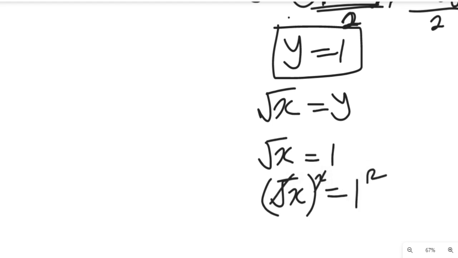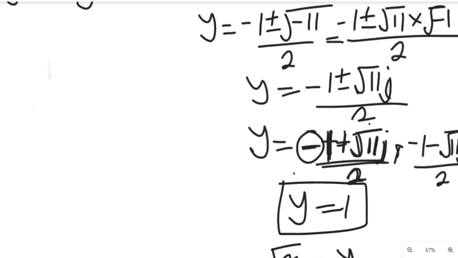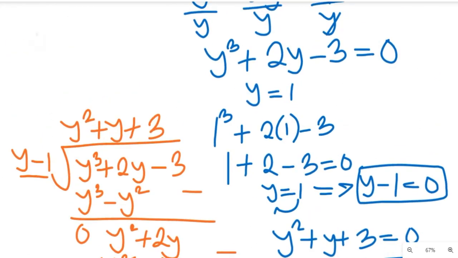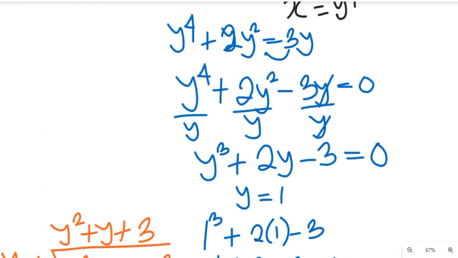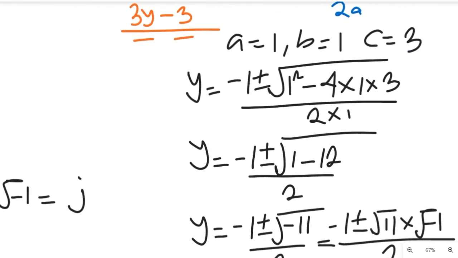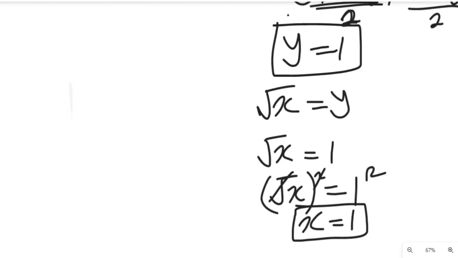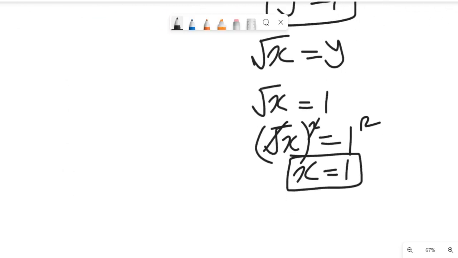So this will clear the square root, and we'll have our x equal to 1. So the solution to that exponential equation, which is the only real solution to that exponential equation, is x equal to 1.